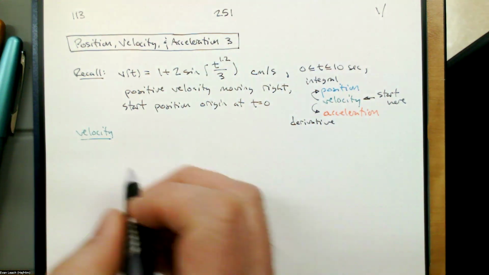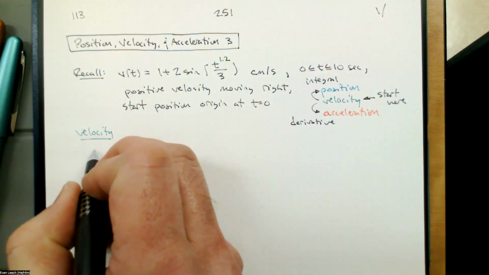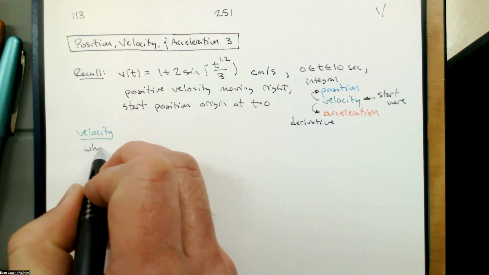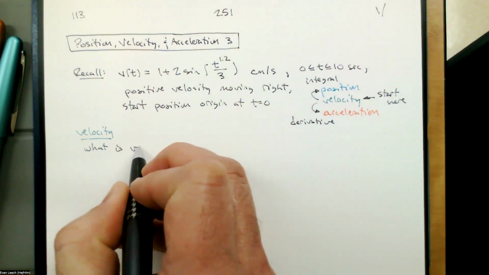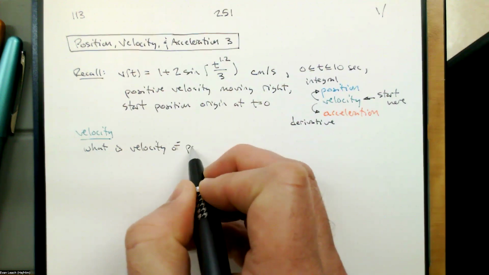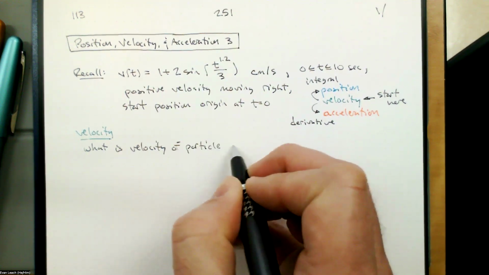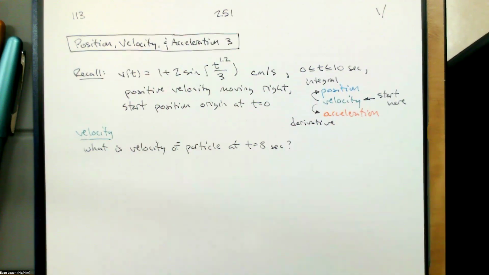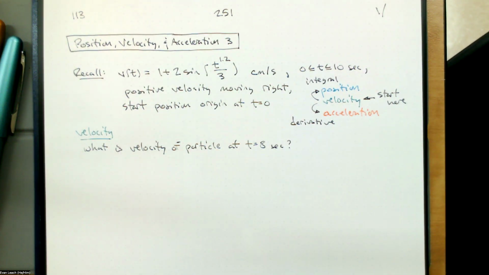In the category of velocity questions, I could ask for something like, what is the velocity of the particle at t equals 8 seconds? That would just be evaluate the function at 8.